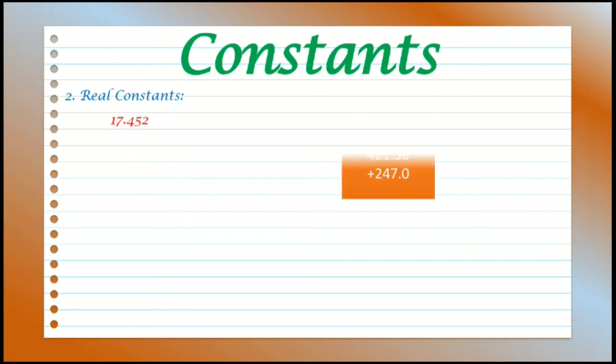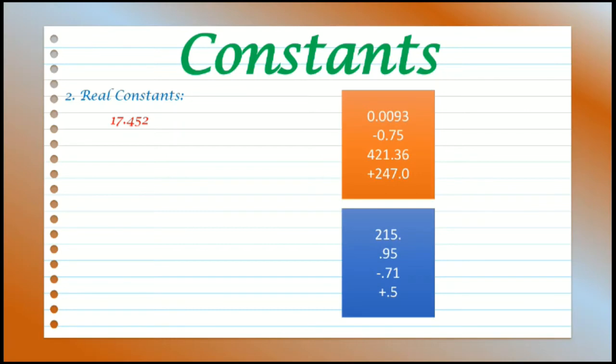For example, 0.0093, -0.75, 421.36, +247.0 are examples of real constants.